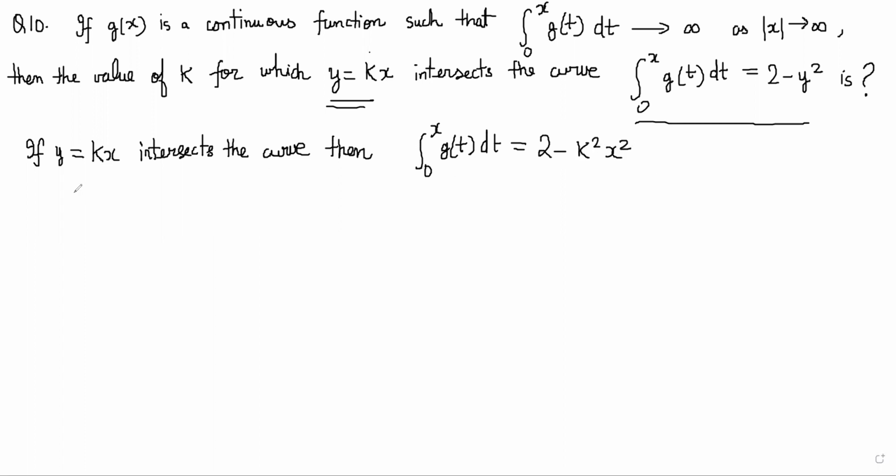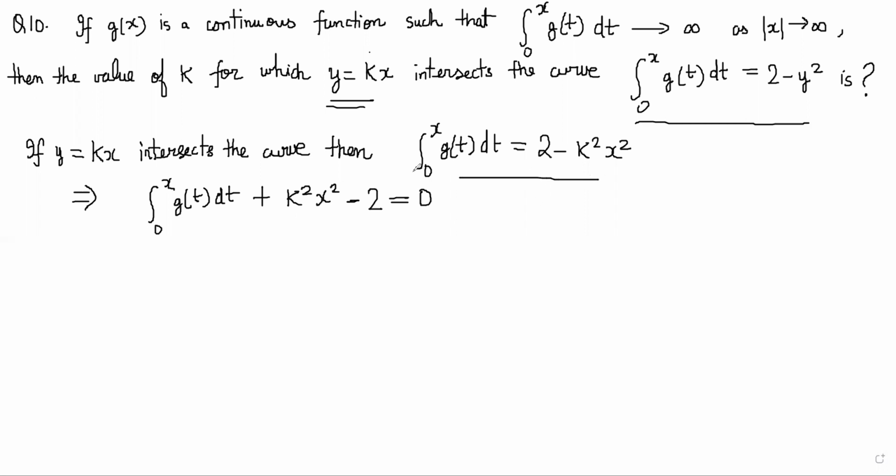So this implies that integral of 0 to x g(t) dt plus k square x square minus 2 is equal to 0, right? Now, understand this equation is an equation in x, and solving it will give you the points of intersection of y equals kx with this particular curve.